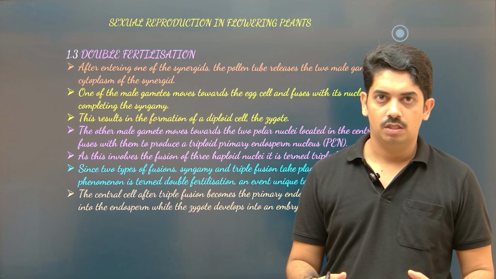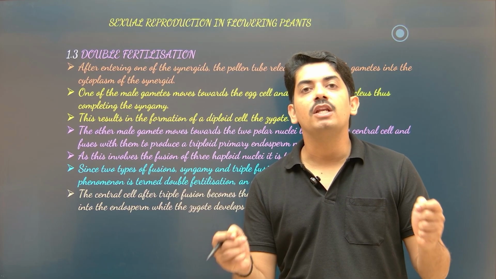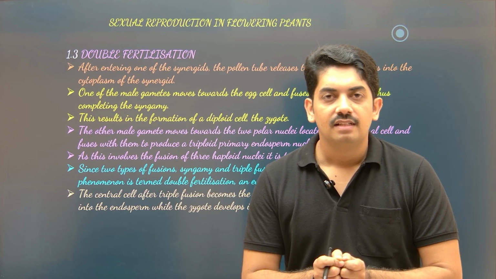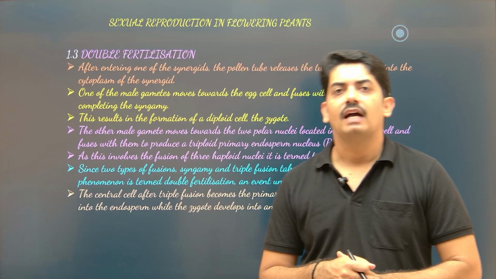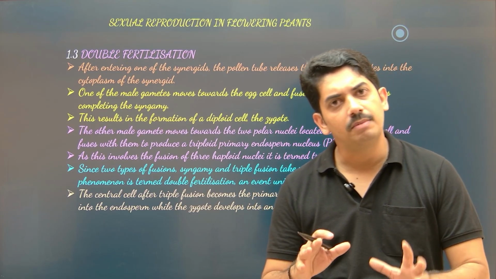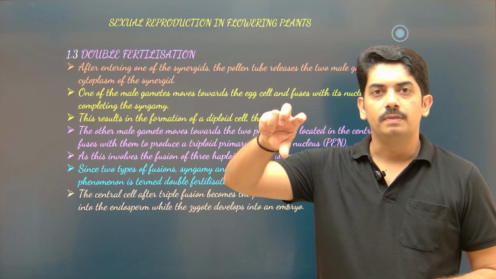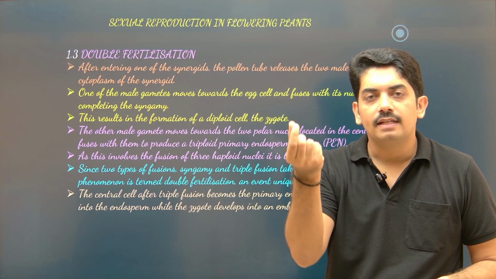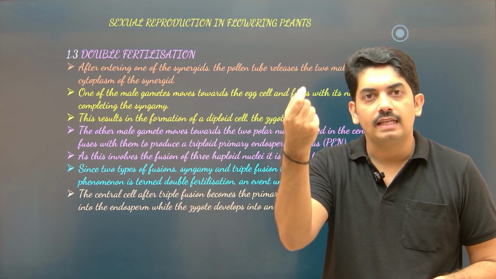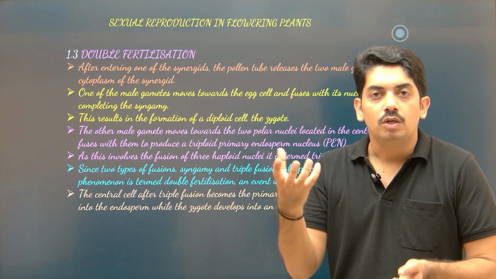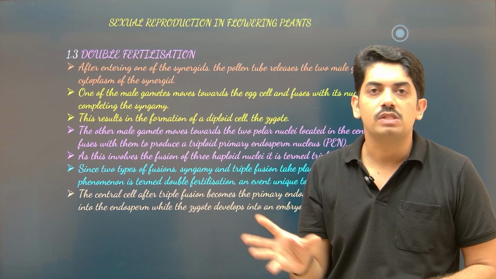What happens when the male gamete comes in contact with the female gamete? This is a very interesting part. Already we discussed a little about double fertilization. As I said, pollen tubes germinate on the stigmatic surface, pass through the style and reach the ovary, where in the locule so many ovules are present.